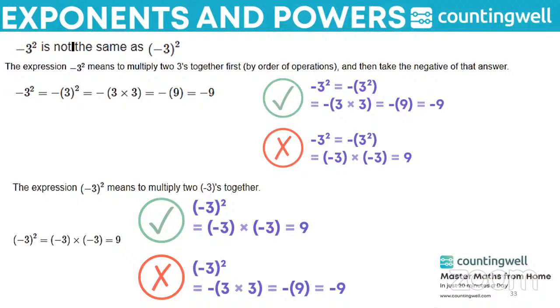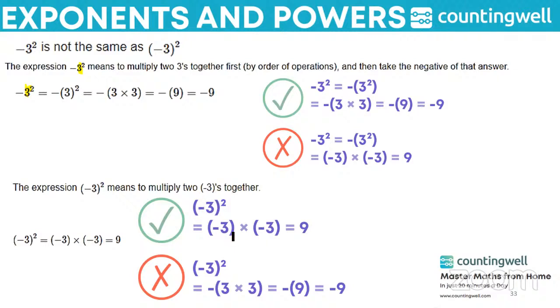Also, minus 3 square is not the same as minus 3 bracket square. The expression minus 3 square means we have to first multiply 3 together and then take the negative of that answer. So it is minus of 3 square. So 3 square is 9 and minus of 9 is minus 9. And minus 3 whole bracket square means you have to multiply minus 3 twice.